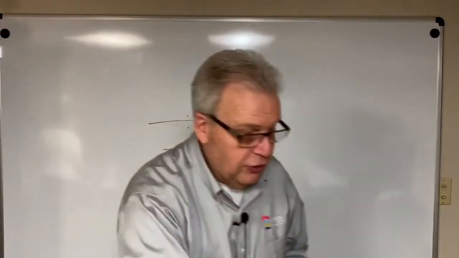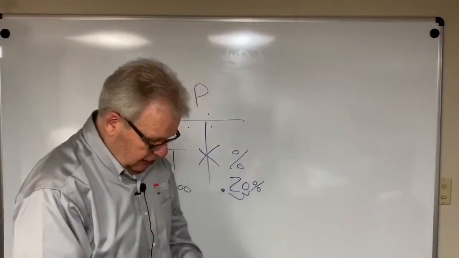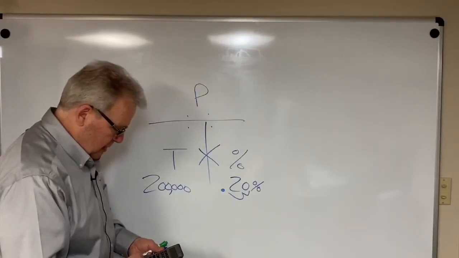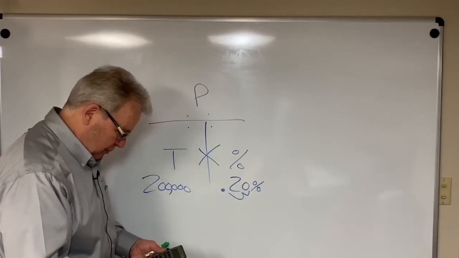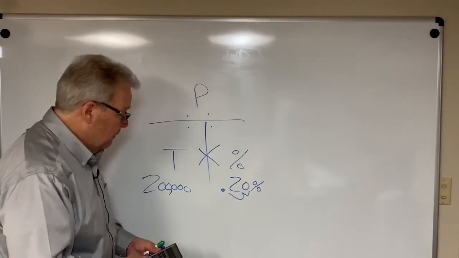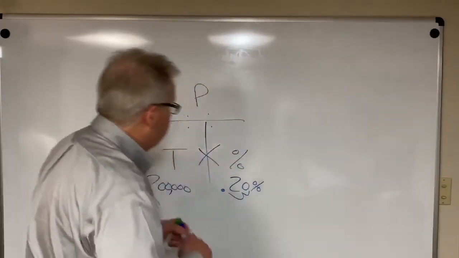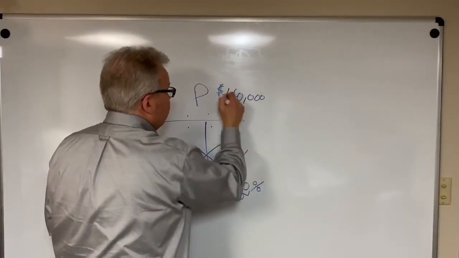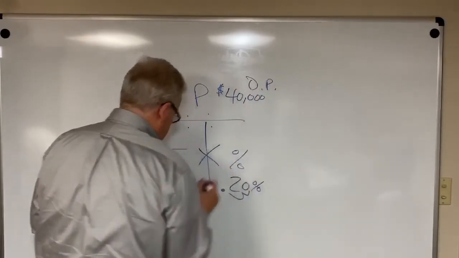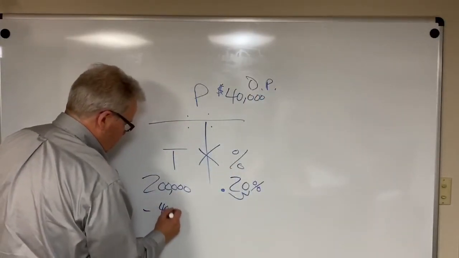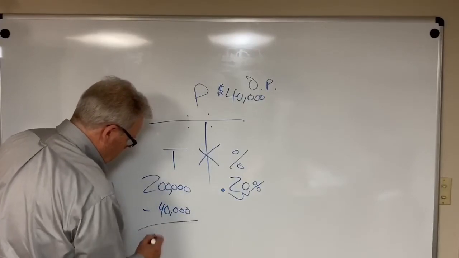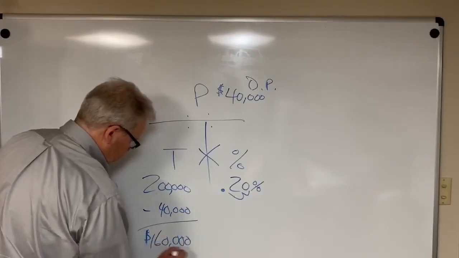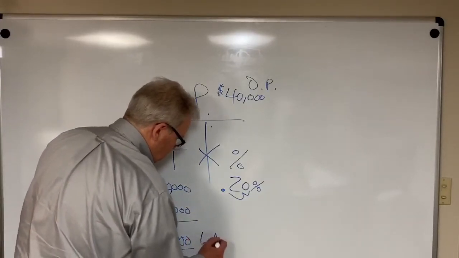How much will Mary finance? So 200,000 times 0.20 gives me $40,000. That's her down payment. How much will the bank finance? 200,000 minus 40,000. So Mary's going to finance $160,000. That's her loan amount.